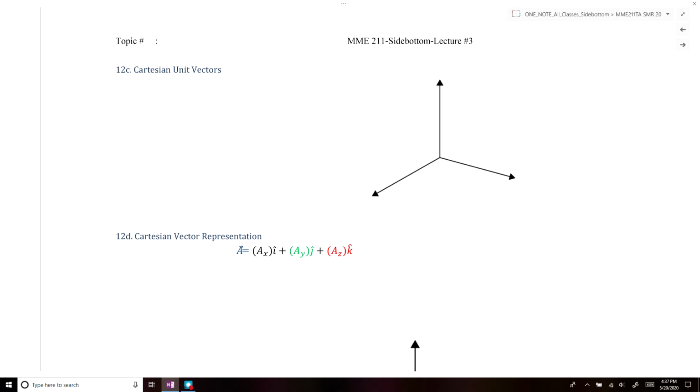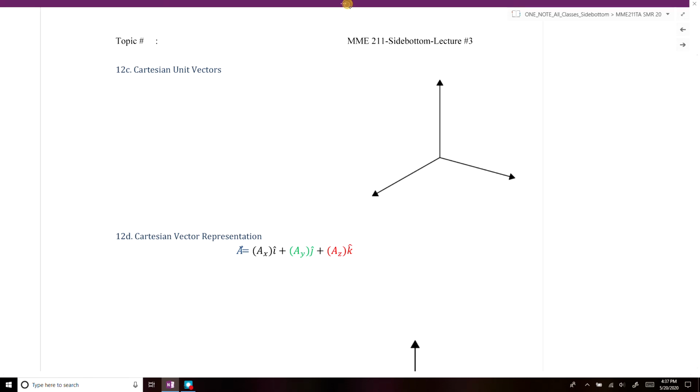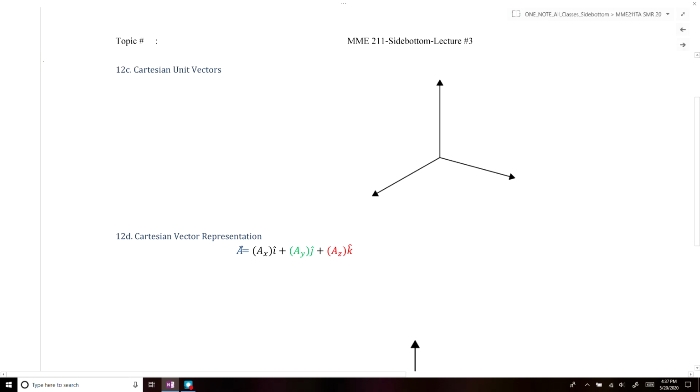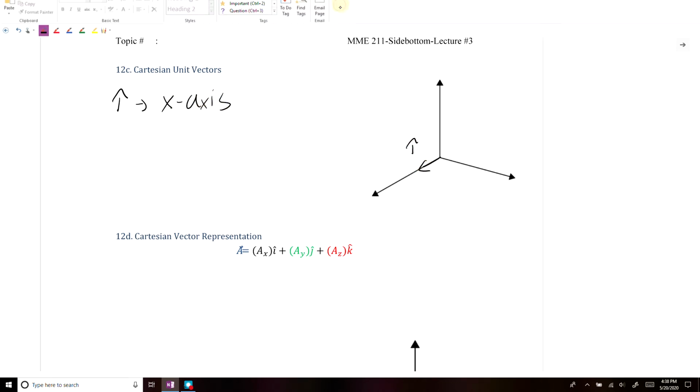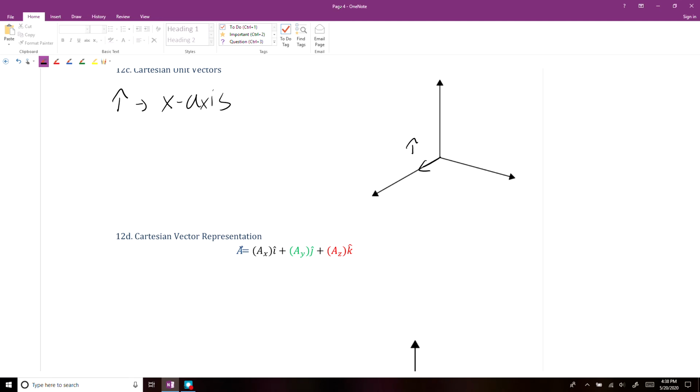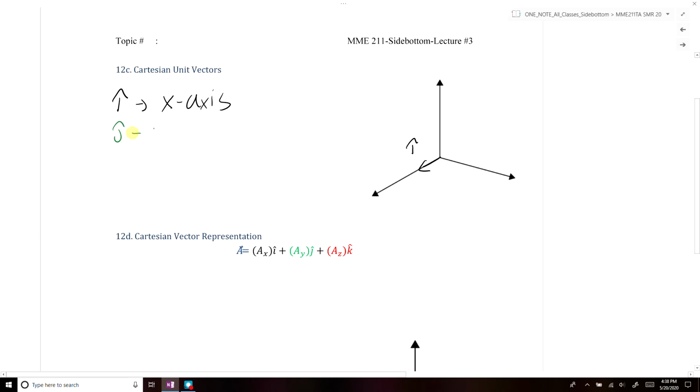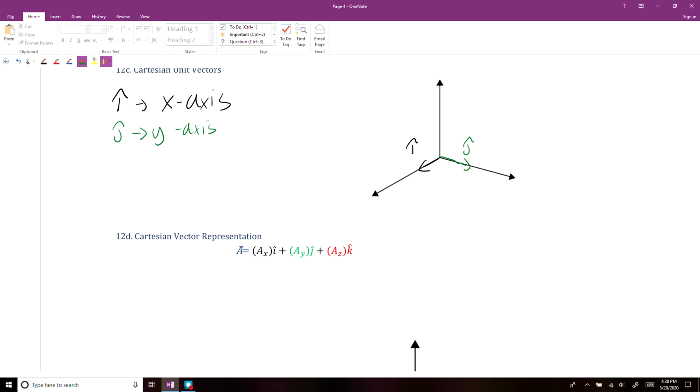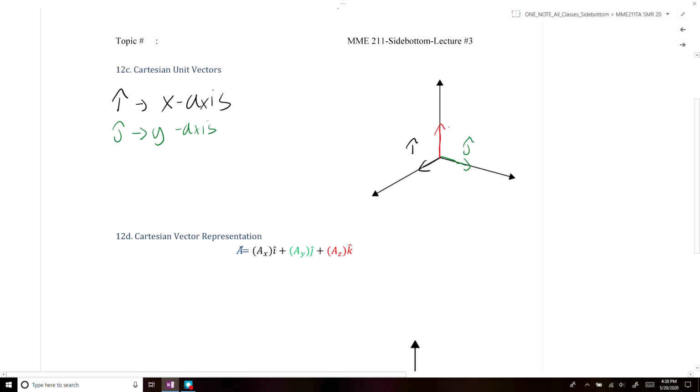We have unit vector i hat, which corresponds with the x-axis, unit vector j, which corresponds with the y-axis, and unit vector k, which corresponds with the z-axis.